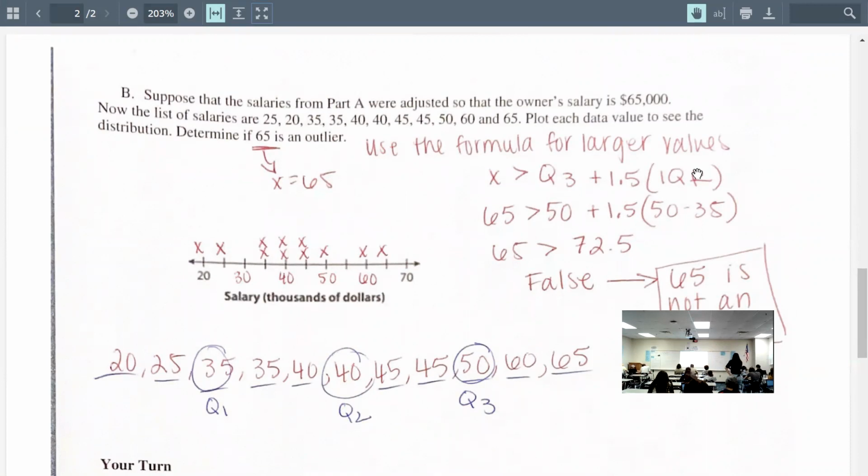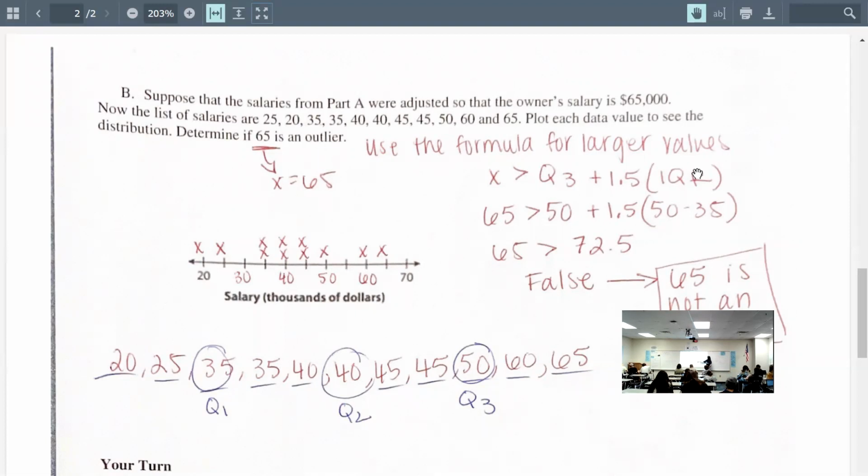X is the number that you're evaluating. You got the same Q3, it's mostly the same data, but here it is down here. We got the same Q3 plus 1.5 times the IQR, which also happens to be the same because of the Q3 and Q1. We got is 65 greater than 72.5?